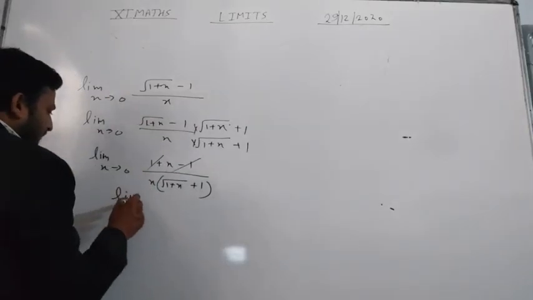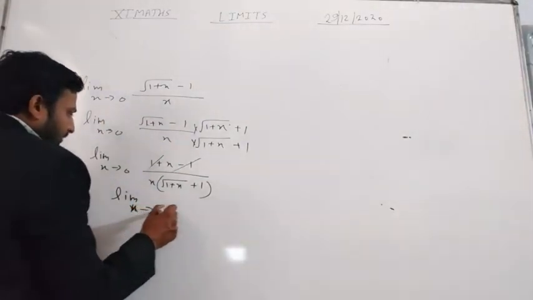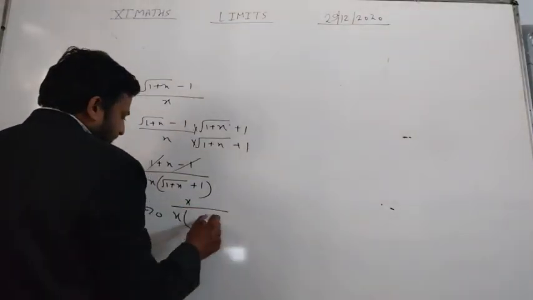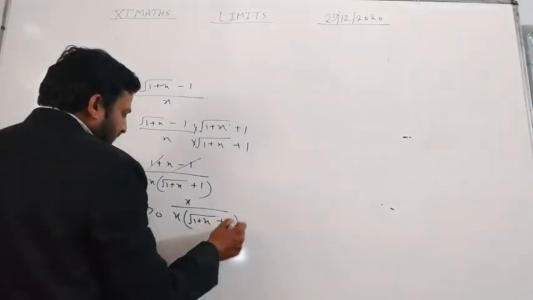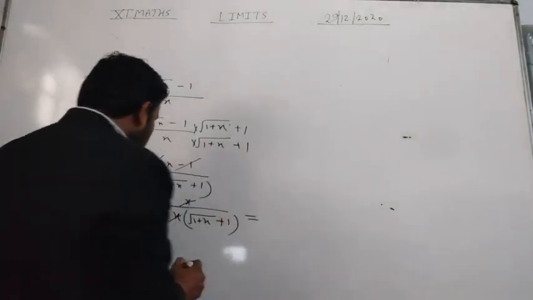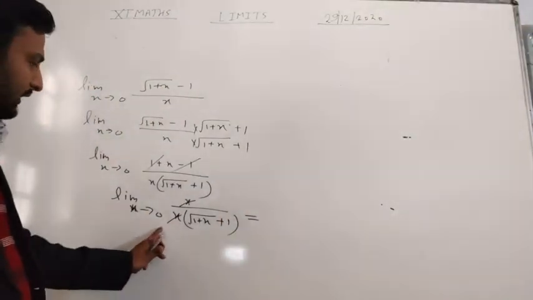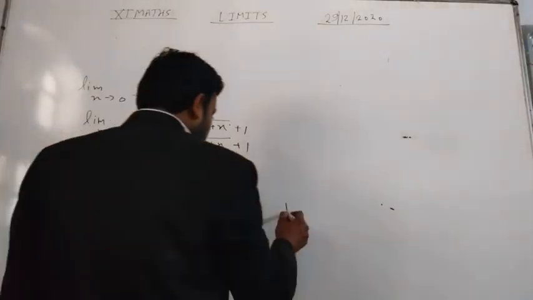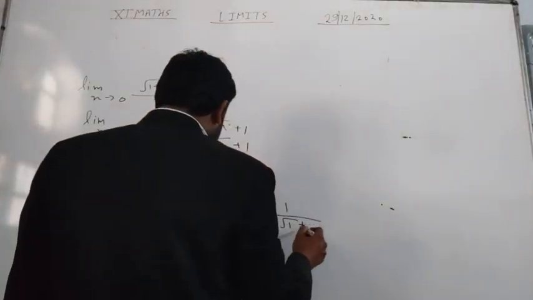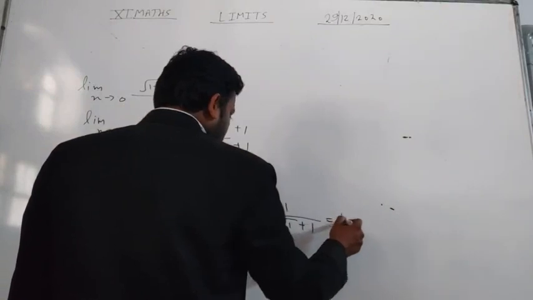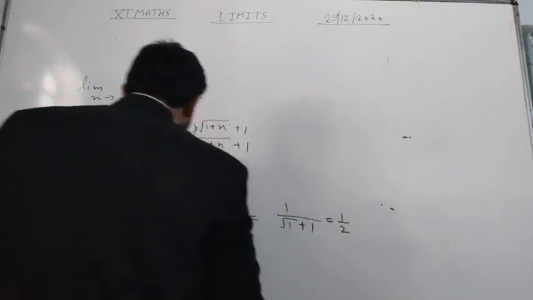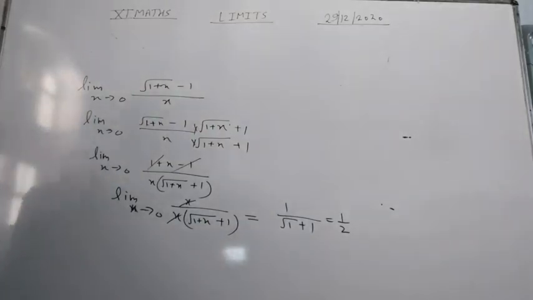Now student, we write limit x tends to 0 of x by x times square root of 1 plus x plus 1. This part cancels. Now we put our limit, which is 0. So we get 1 by 1 plus 1, so it will be 1 by 2. Okay, student? I hope you understand. Now we take another question, student.